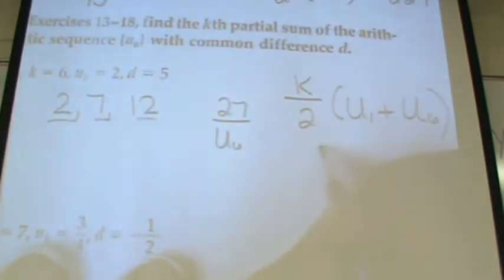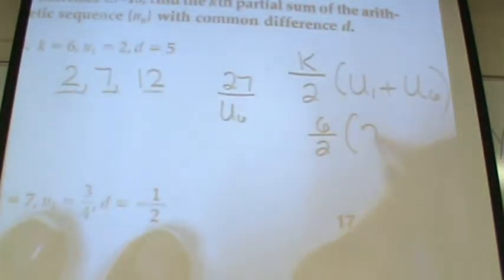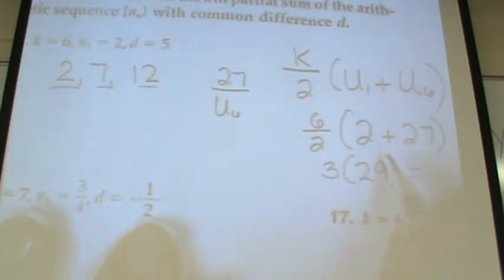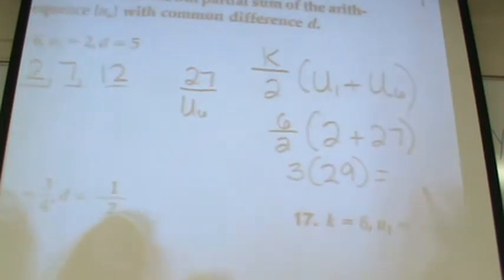So you're going to add 6 terms divided by 2. The first term that you're adding is 2, and 27 is the 6th term. You get 29, multiply that by 3, and you get 87.